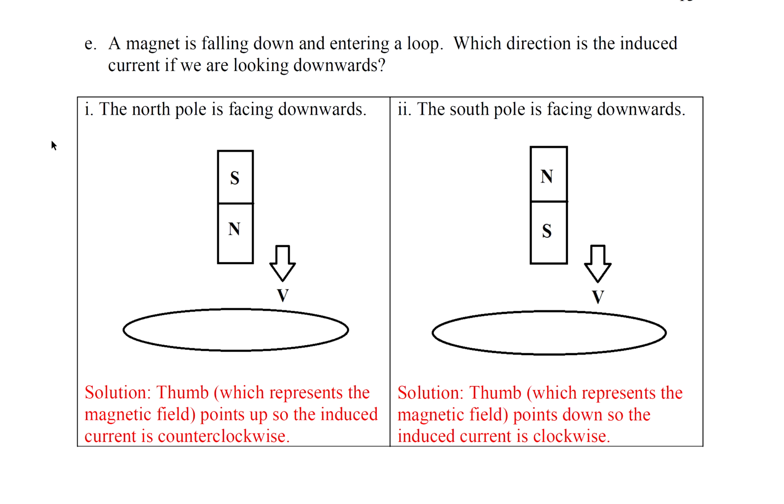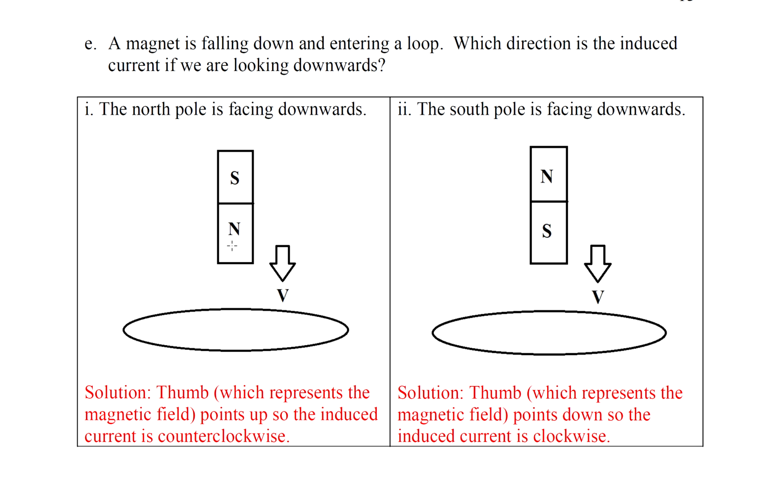Part E: a magnet is falling down and entering a loop. Which direction is the induced current if we are looking downwards? So your eyes are looking down and you see that loop. And in this picture, for part I, V means velocity.